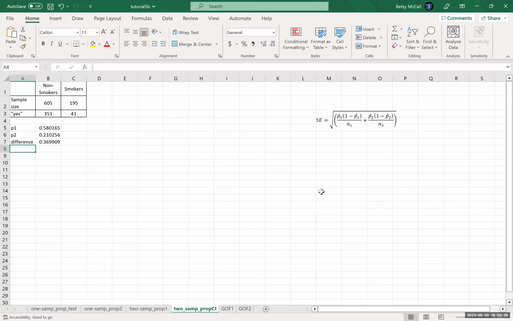All right, so let's go ahead and calculate our standard error, square root.